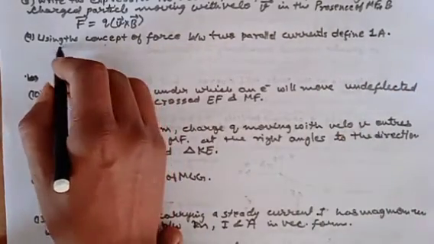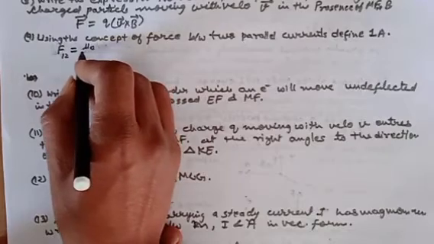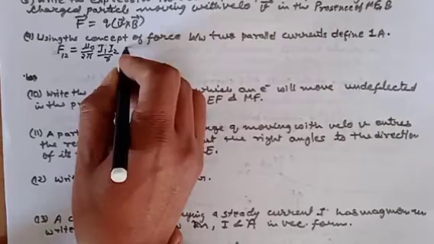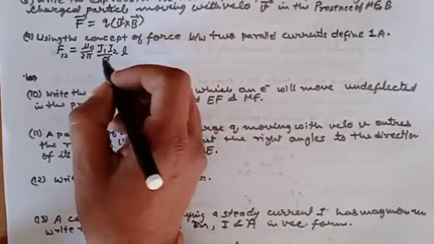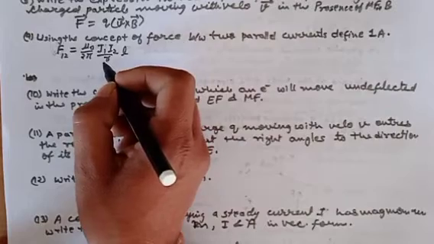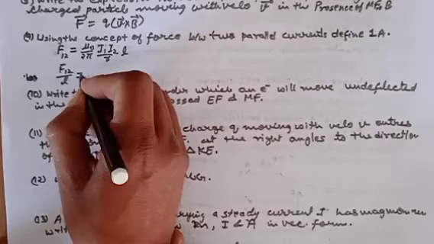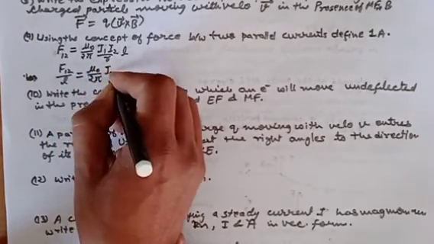Alright, using the concept of force between two parallel currents, define 1 ampere. This F12 is equal to mu naught upon 2 pi, I1 I2 upon r, into L. This is the expression for force between two parallel currents. What we conclude from here is that F upon L, the force per unit length, is the same for both the currents.